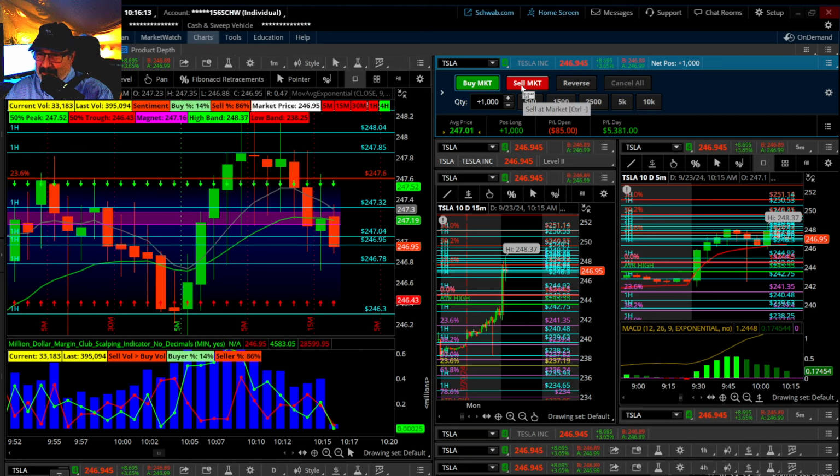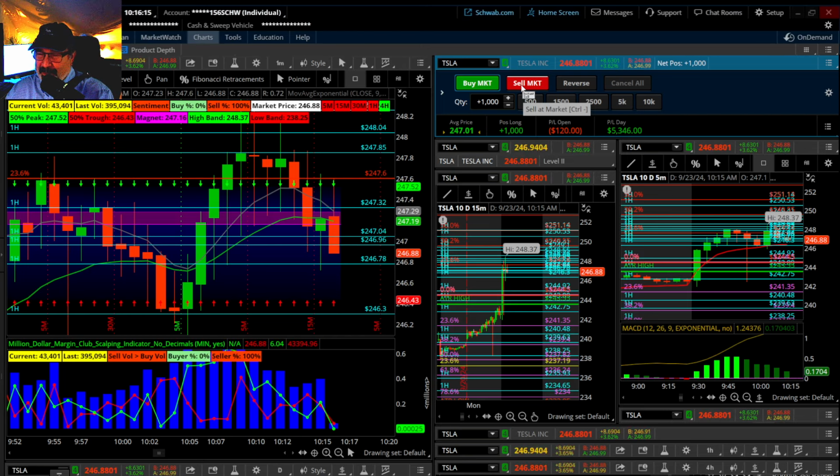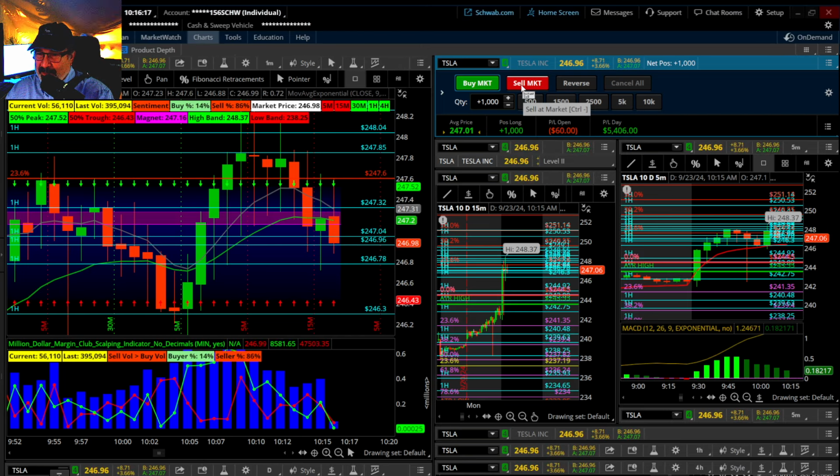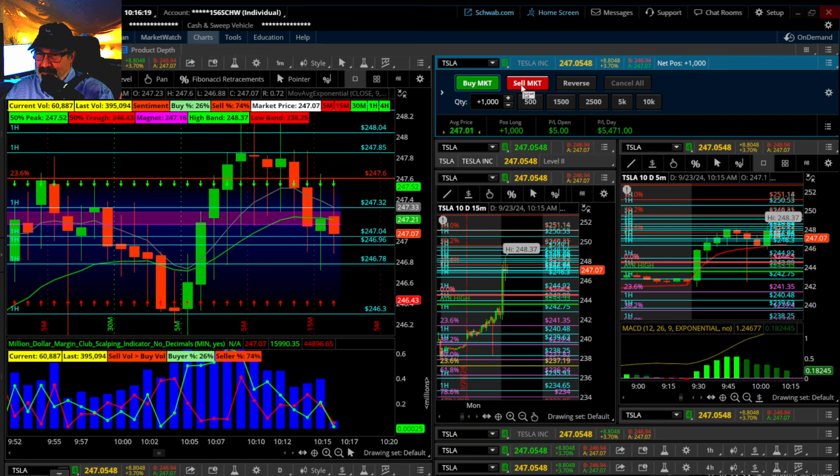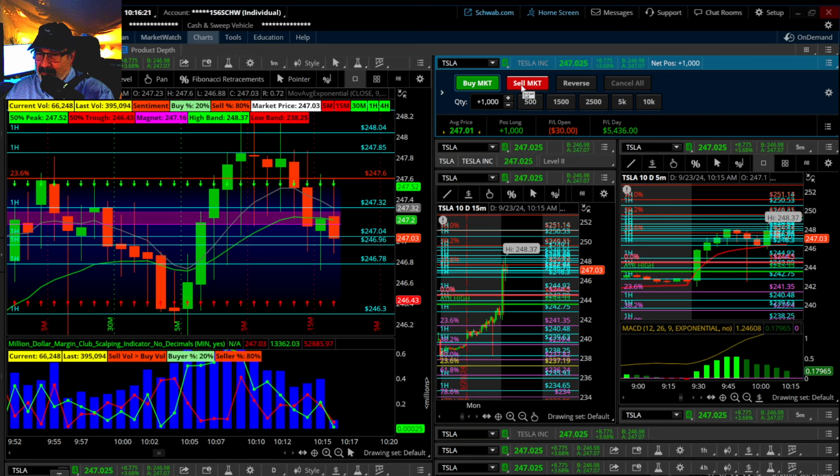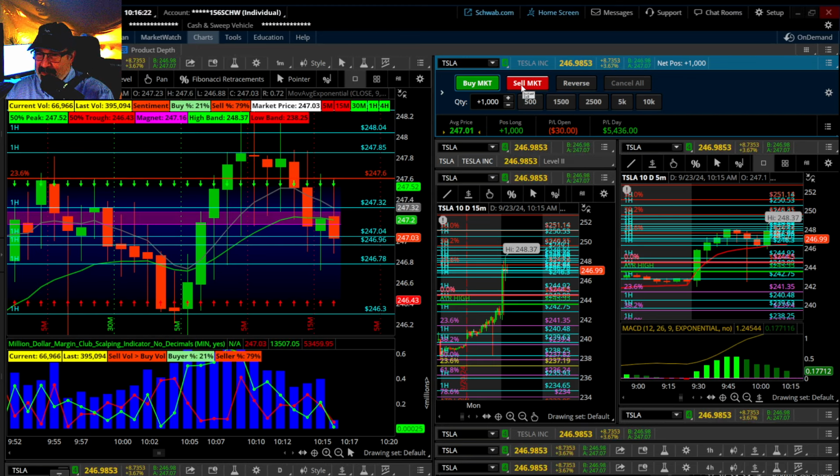I'm so used to reversing. I'm having a little bit of trouble with the reversal thing not happening here for me. So I've just got to learn to almost double click where I think it's going to turn around. Well, I missed it, huh?